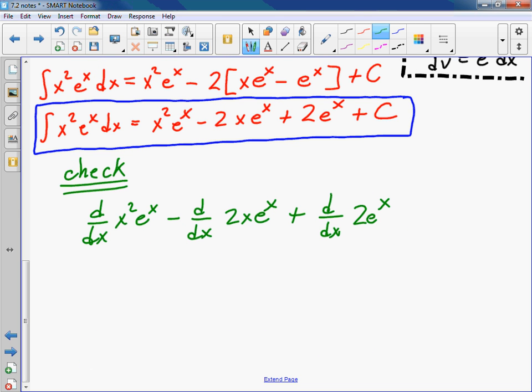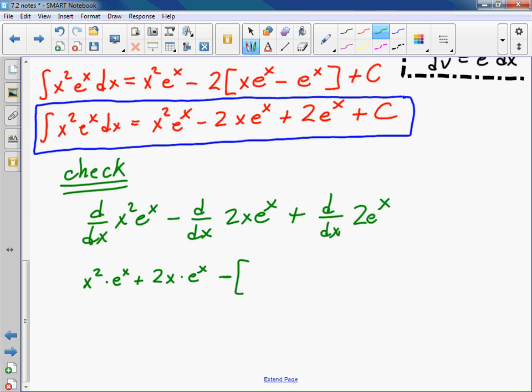Okay, so lots of products here, and I see this minus. We're going to be a little bit careful there, but not too bad. So we're going to use the product rule a lot. We take the first, x squared, times the derivative of the second, e to the x, plus the derivative of the first, 2x, times the second, e to the x, minus, and we've got a big minus here, so I'm going to put that together, and we'll distribute the minus later.